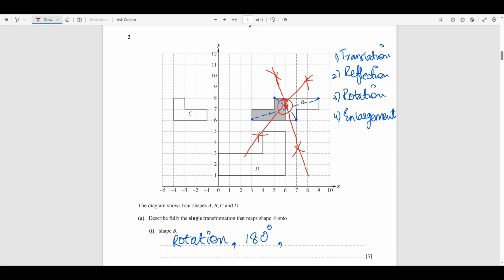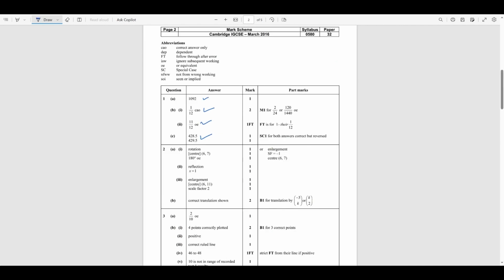So roughly this is about 6, 7. This is roughly about 6, 7, because my arcs are not accurate. The answer must be around it. I'm pretty sure that if you made your arcs and lines accurately, you'll be able to point to the correct thing. So the answer is 6, 7.